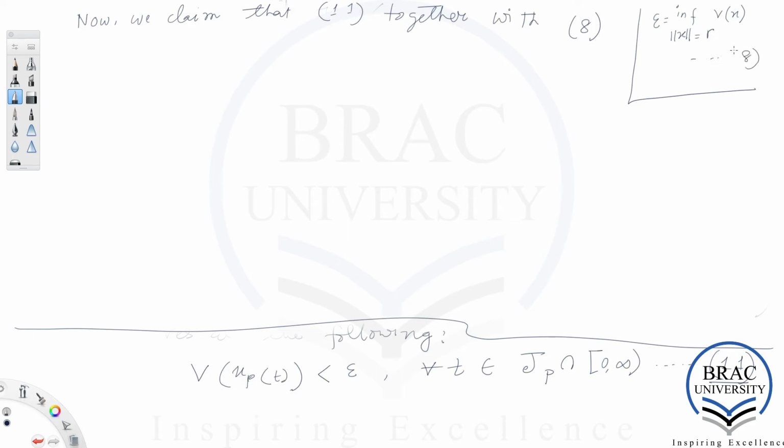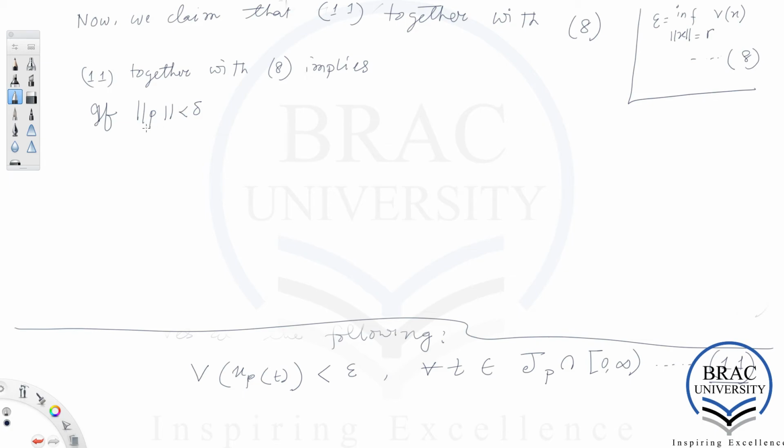Okay. So now 11 together with 8 implies, if norm of p is less than delta.